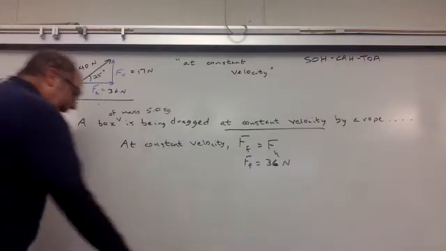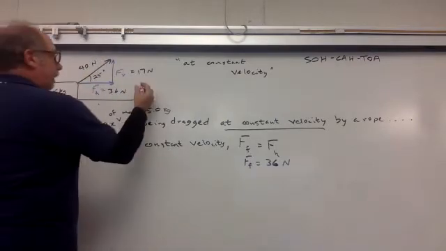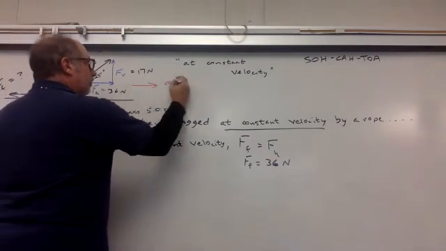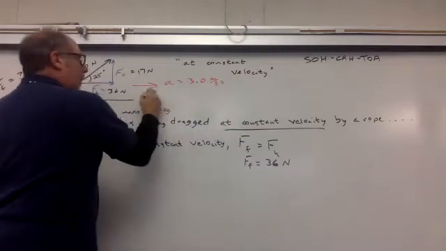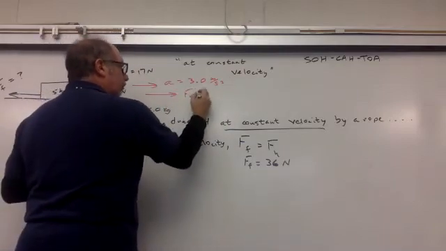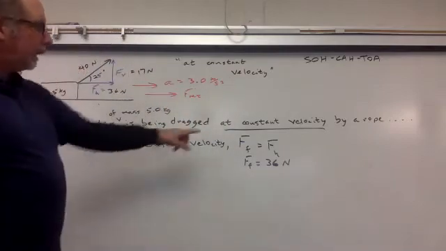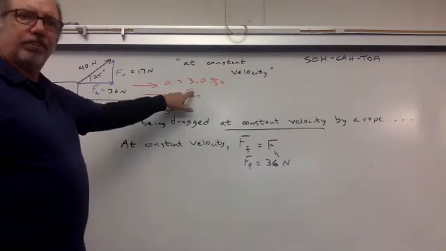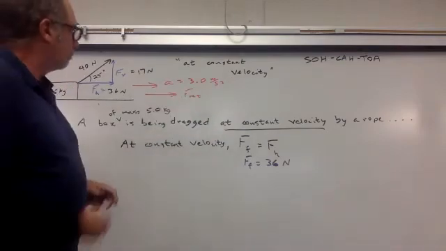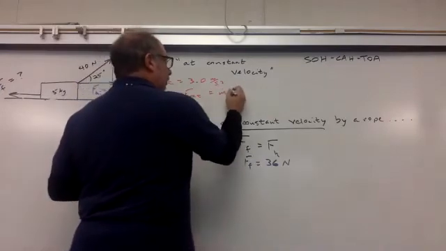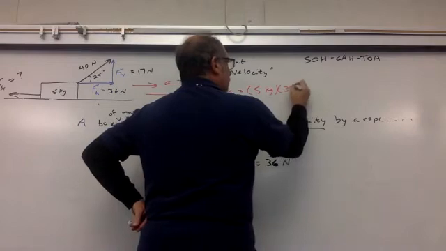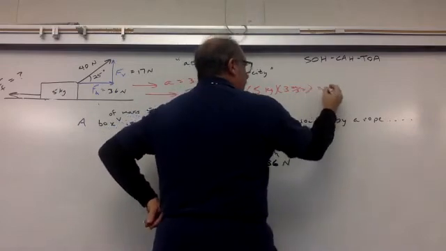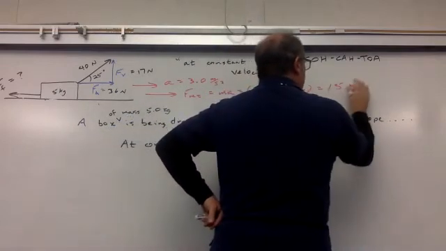And then getting back to my part C, if I wanted to accelerate at 3 meters per second squared, that's going to require a net force. I need an additional force to actually accelerate the box. That accelerating force can be found from MA, which is 5 kilograms times 3 meters per second squared, which is 15 newtons.